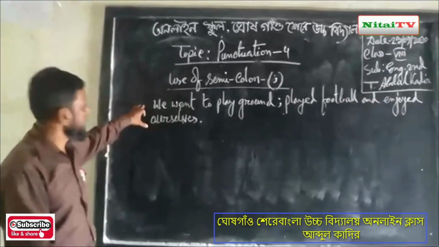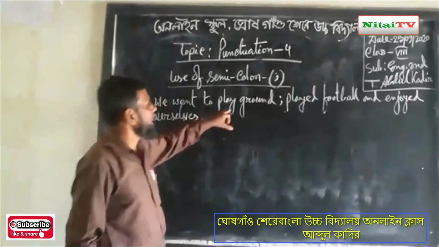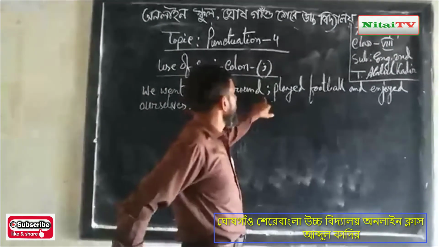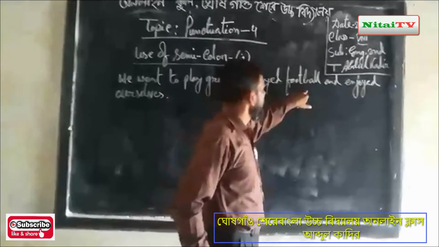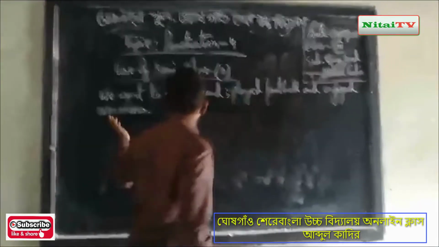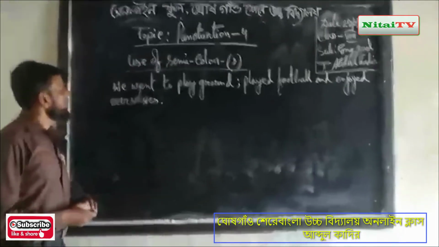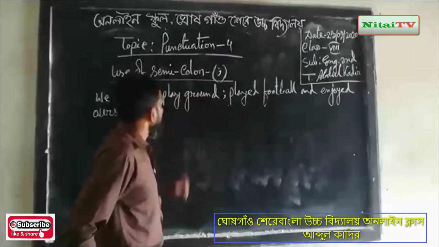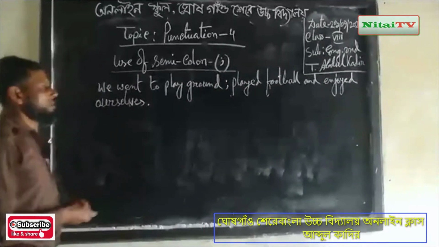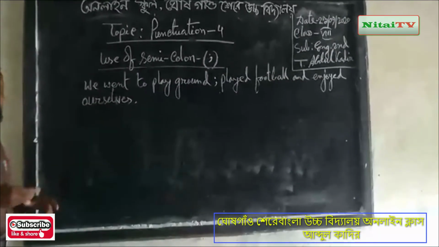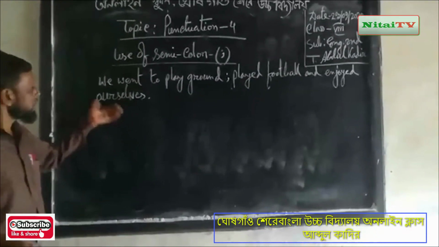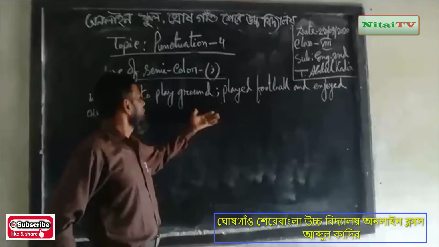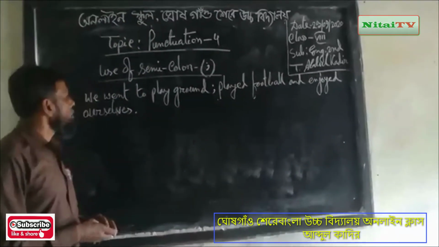Follow the sentences. We went to the playground, then we have to use semicolon, played football, and enjoyed ourselves. Here, semicolon is used to stop longer than comma.